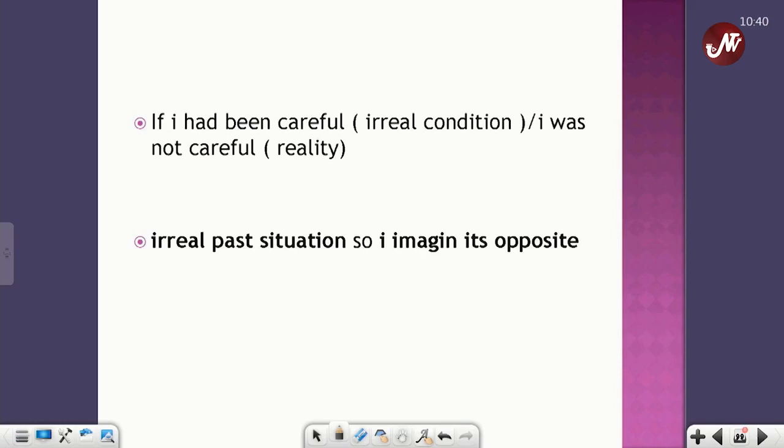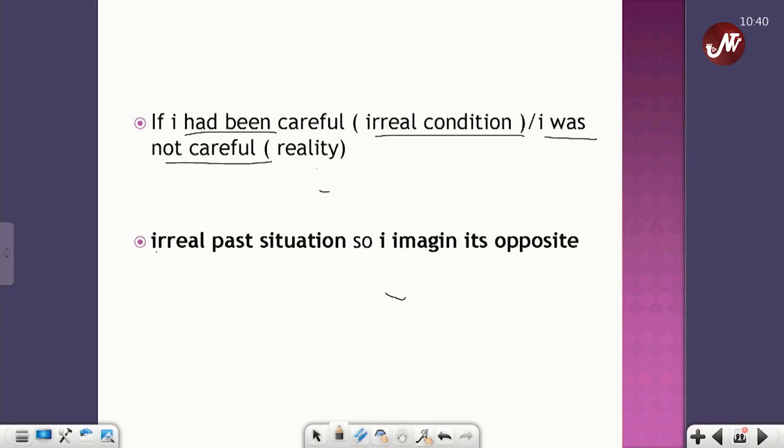So, if I had been careful, this is the past perfect. This is an unreal condition. I wasn't careful, so I'm imagining if I had been careful in the past, I wouldn't have injured myself.